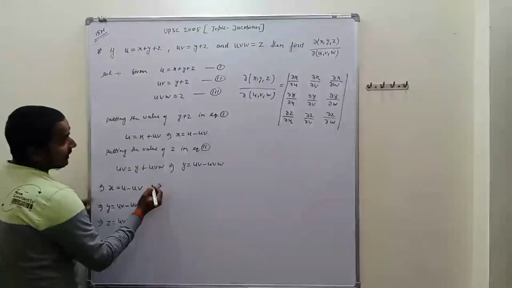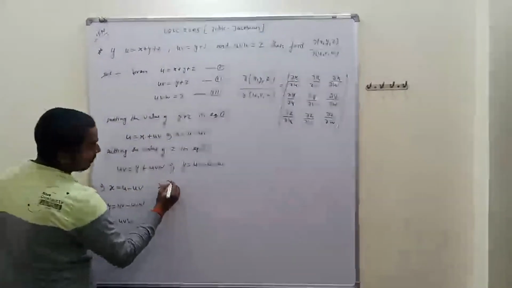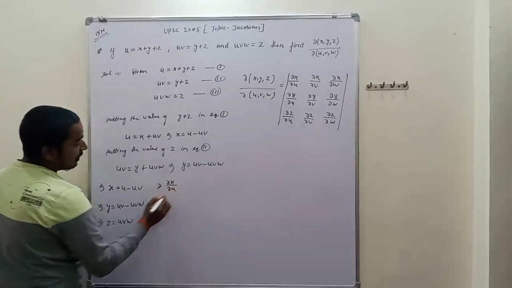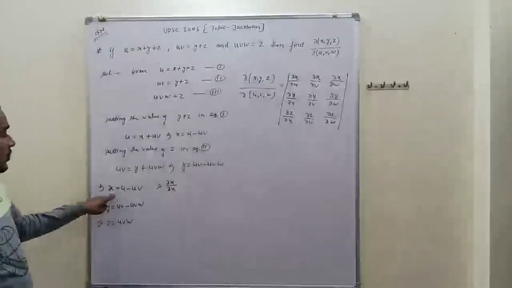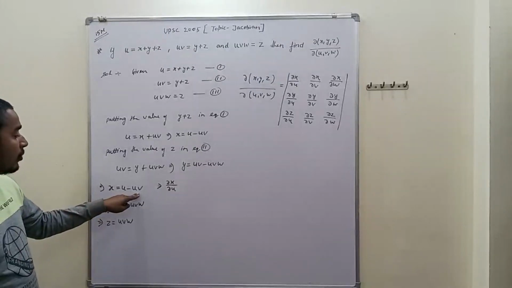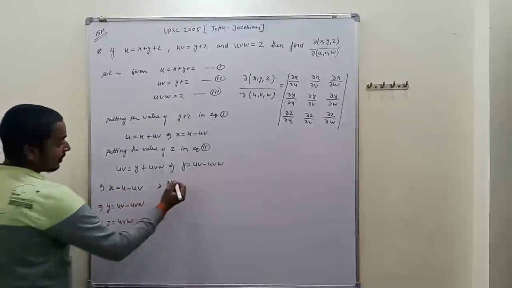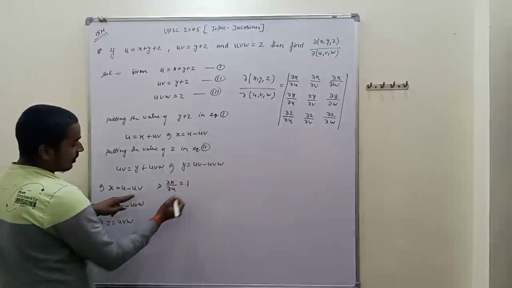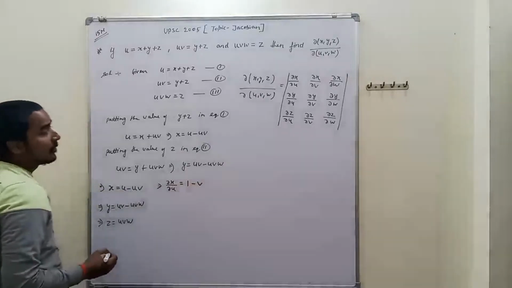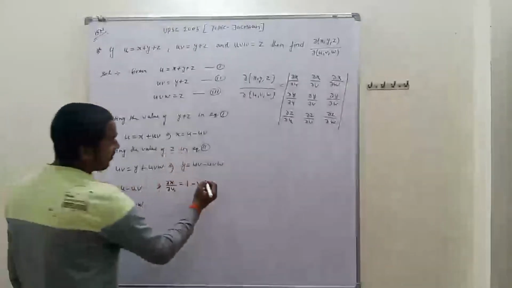We can find del x upon del u. Differentiating x is equal to u minus uv with respect to u, that is 1 minus v. Further we have to find del x upon del v.